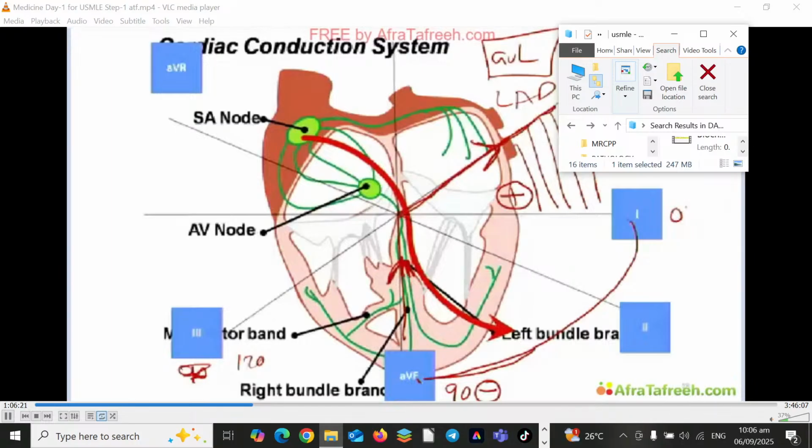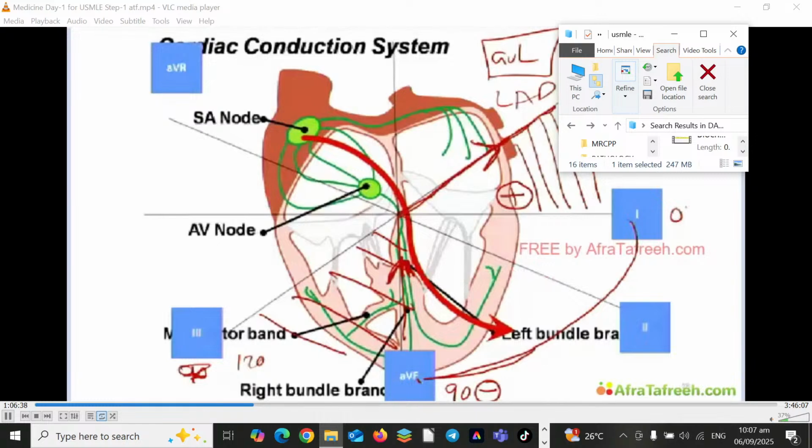Now you looked at a scenario where it was negative in lead 1 but positive in lead AVF. So this comes to this quadrant.